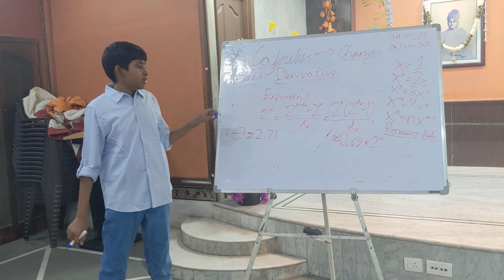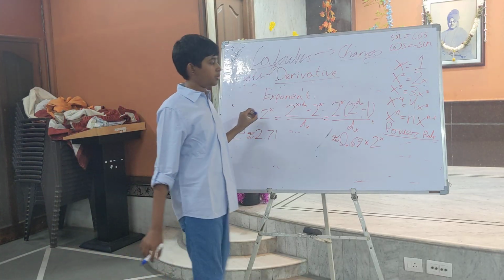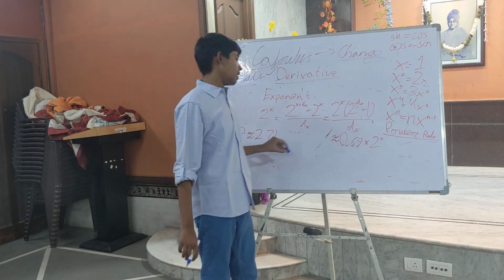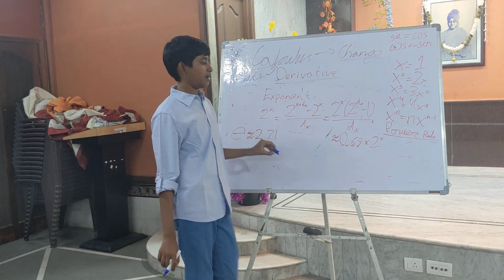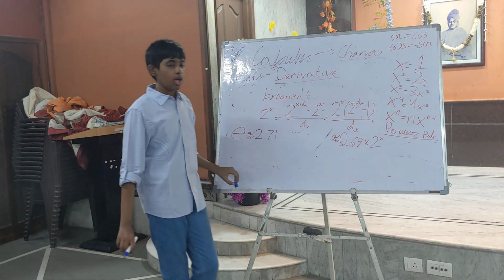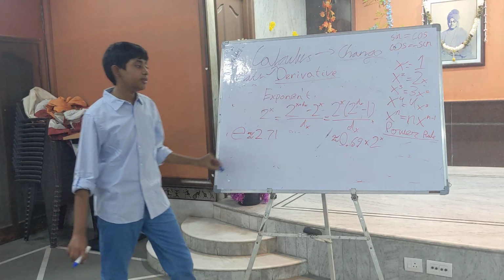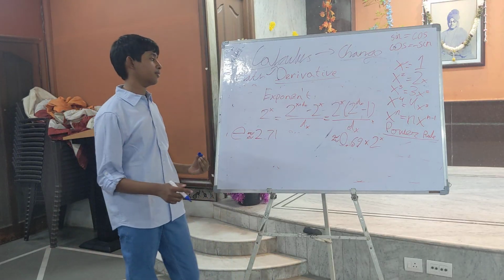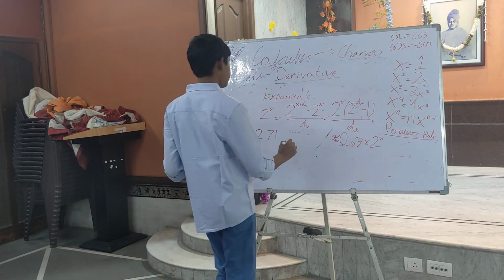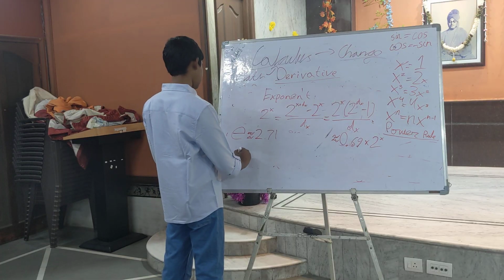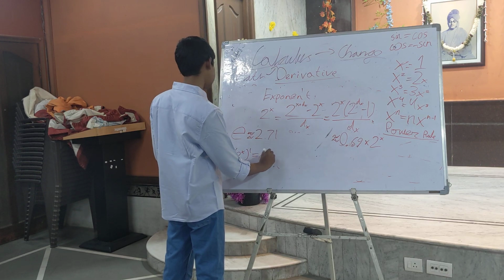Now, we know that the derivative of 2 to the x is 2 to the x times this constant, and the derivative of 3 to the x is 3 to the x times this constant for 3. But for e to the x, we know that this constant for e simplifies to 1. So we get this amazing thing that (e to the x) prime equals e to the x.